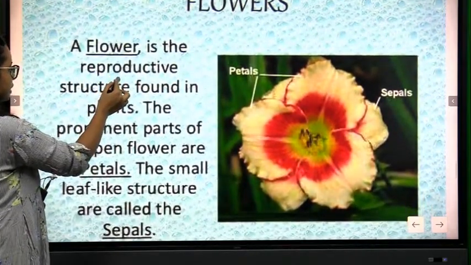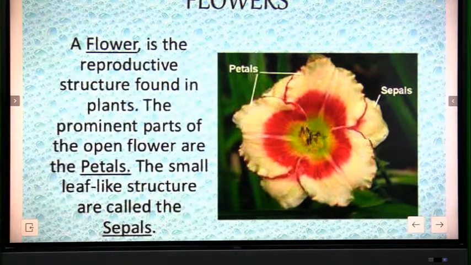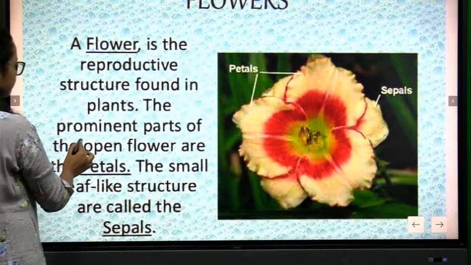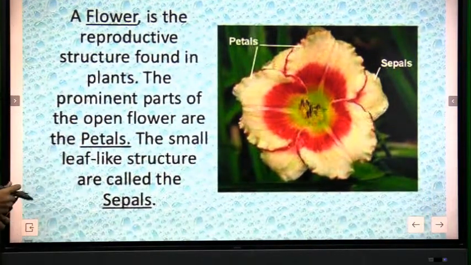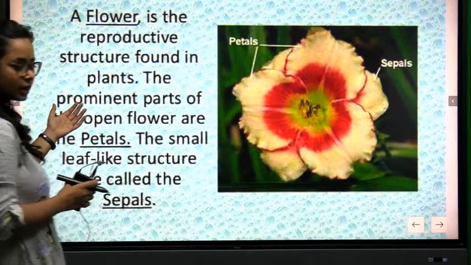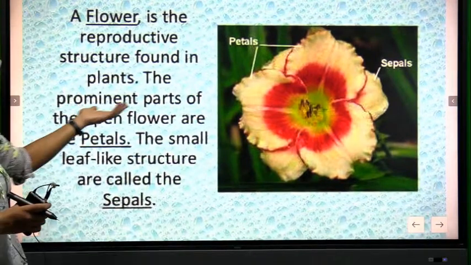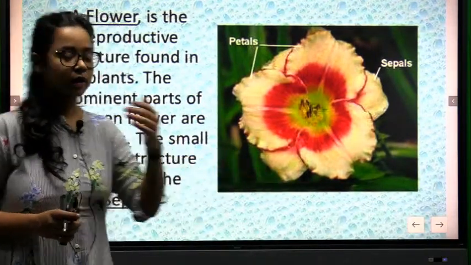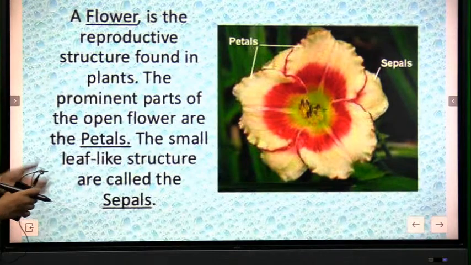Next is flower. Now we will talk about flowers. A flower is a reproductive structure found in the reproductive part of the plant.